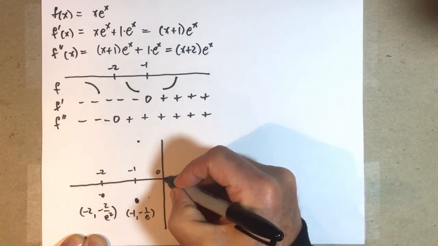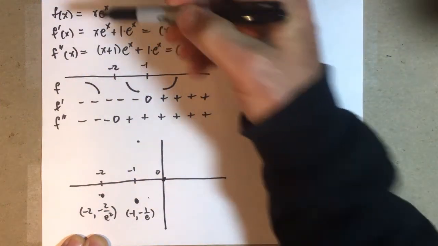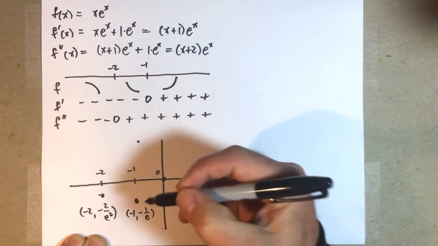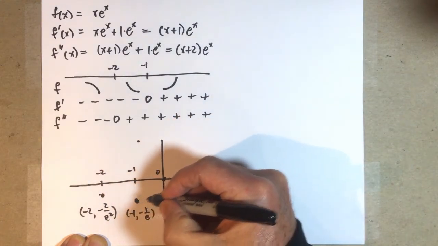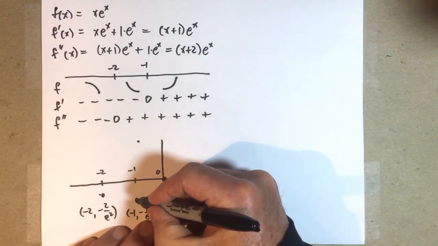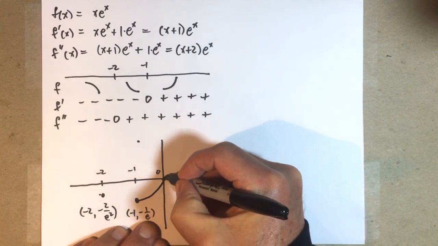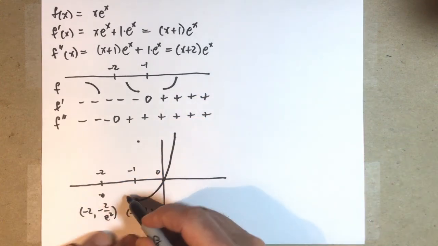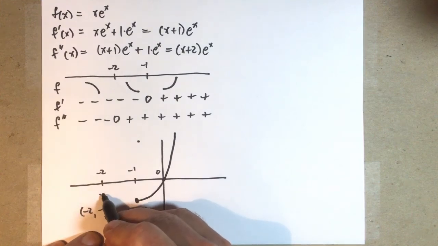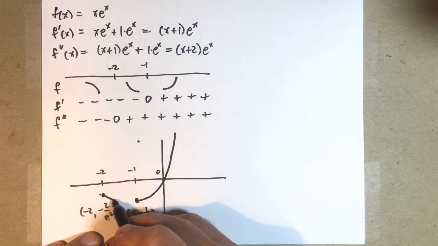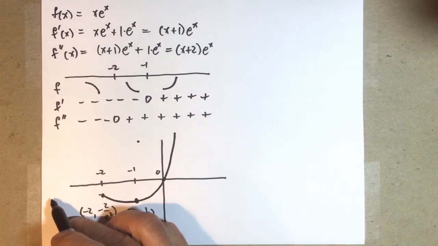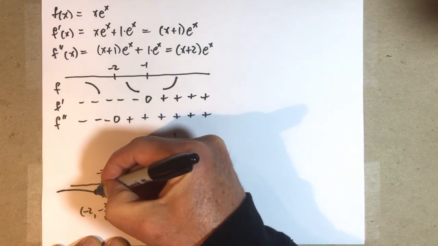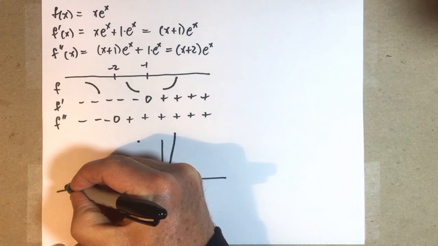And by the way, the graph also goes through the origin, since f of 0 is 0, so I'll put in that point for free. Okay, and now, to the right of this point, f is increasing concave up. Rises somewhat steeply. Between -2 and -1, f is decreasing concave up. And between -infinity and -2, the function is decreasing concave down. So I'll try to suggest that by the shape of what I'm drawing.